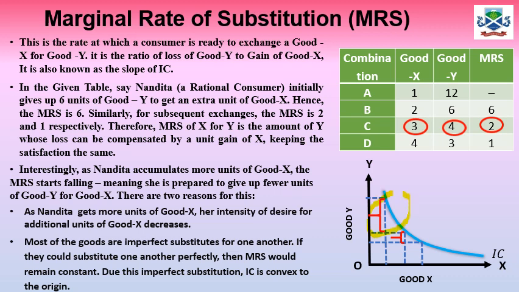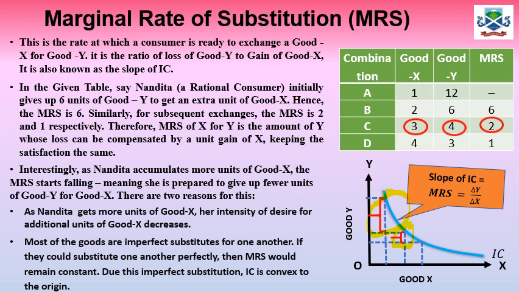In the initial case she is willing to give more, but as she gets more and more units of good X, her intensity to get X is decreasing and she is willing to sacrifice fewer units of good Y, and that's why the indifference curve is convex to the origin.